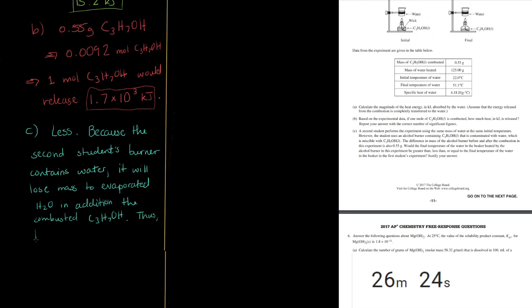So what I can say is, thus the 0.55 grams change is not all from C3H7OH, which means that the released heat will be lower, because only the C3H7OH, not the evaporated water, releases heat.